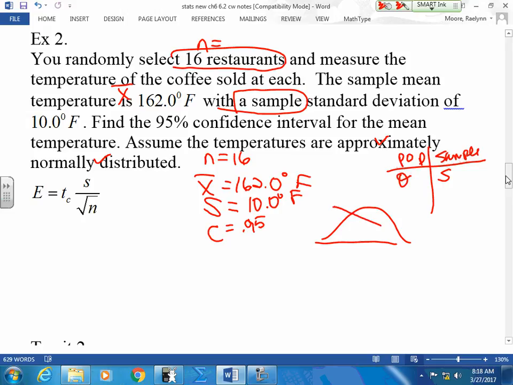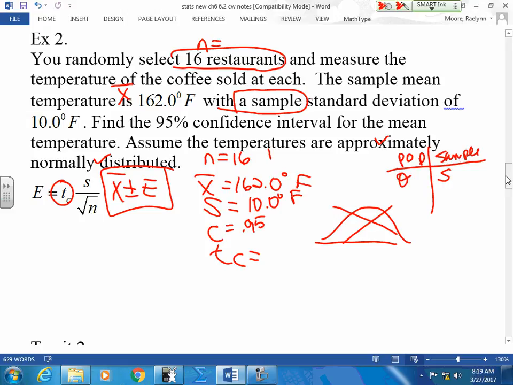All we have to do is know that it just falls like a regular normal thing. So we go to our problem and we say x̄ plus or minus. We need to build a confidence interval, so we need a margin of error. We know the sample mean. Our margin of error formula says, give me a tc. To get a tc, the only other thing I need is the degrees of freedom.